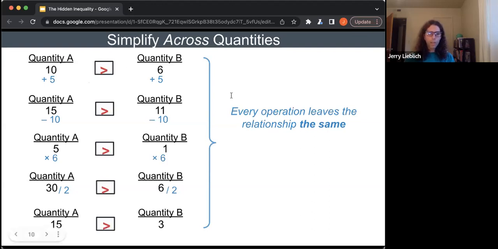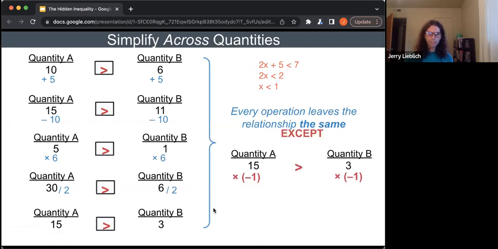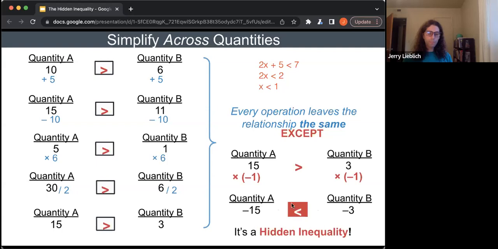Just in the same way that if I had 2x plus 5 is less than 7, I could subtract 5 from both sides and then divide both sides by 2 to solve for x, in that same way, I can do that with the sides of a QC problem. There's one major exception here, which is if I multiply or divide by a negative number, the sign is going to flip because I'm dealing with an inequality.